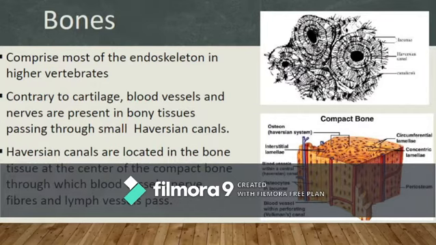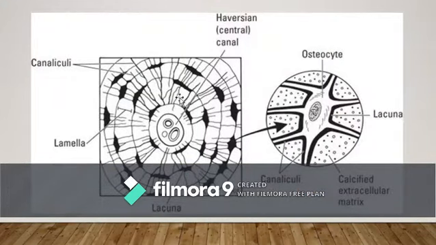This is the lacuna. So we have here the macro visual of the bone tissue. Inside the lacuna, we have the osteocytes. And at the center, we have the Haversian canal, or the central canal.